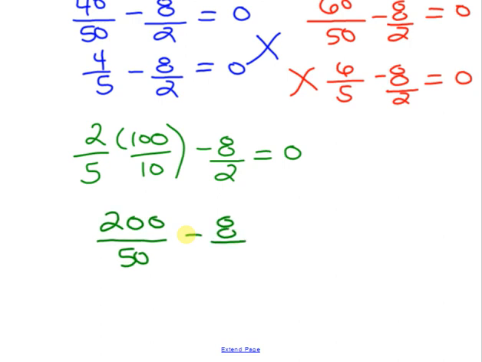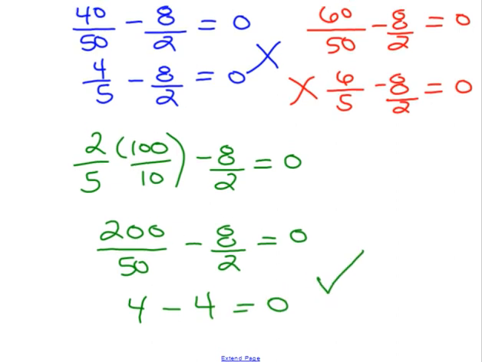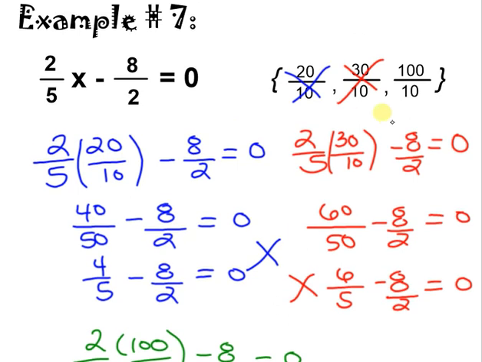Minus 8 over 2 equals 0. Simplify down as much as possible. This will simplify to 4, minus, and 8 over 2 also simplifies to 4. 4 minus 4 equals 0. That is the solution to your equation.